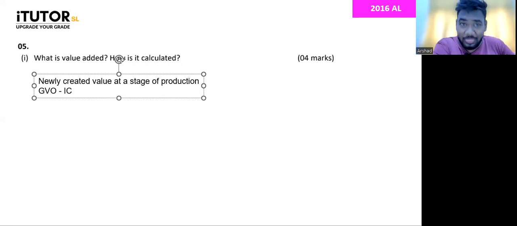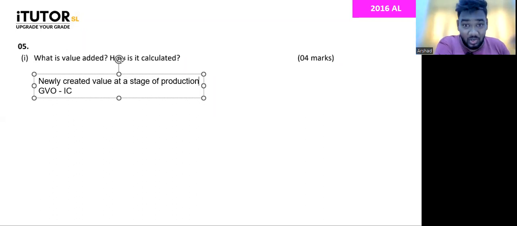If I take cloth and convert it into a t-shirt, I've done a value addition there. If I display the t-shirt in my showroom and keep it available for sale to customers, I've done a value addition there. So value additions are where you newly create value. During the production process, when a good goes from one place to another, little by little new value gets created. That is what value added is about.